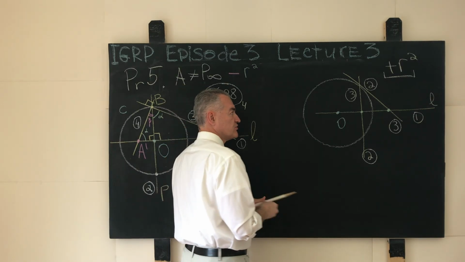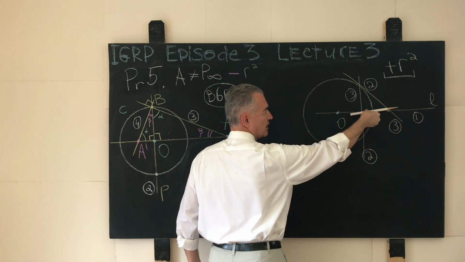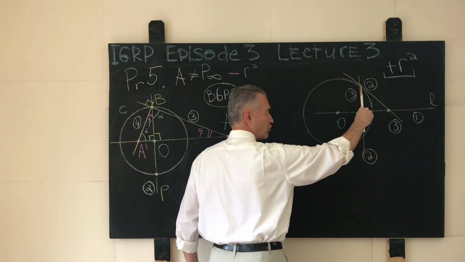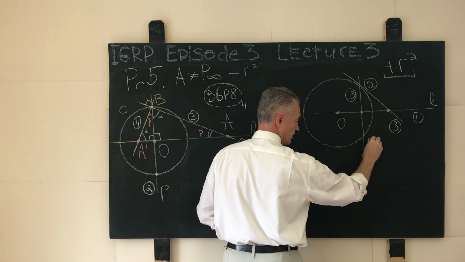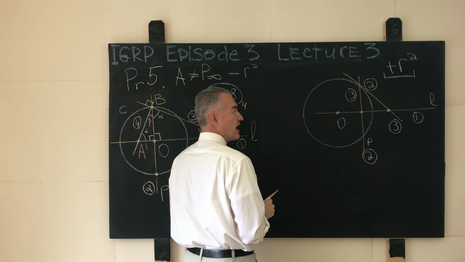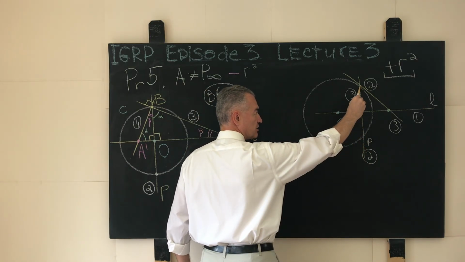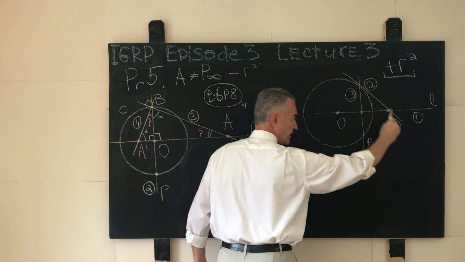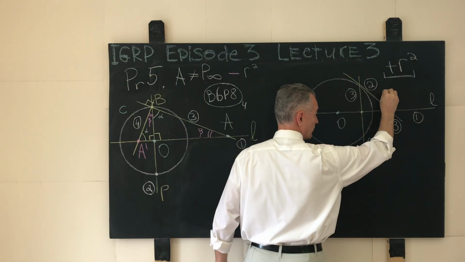After the straight line L is constructed, we first construct the perpendicular P, step number 2, and then, after that perpendicular to L is constructed, we construct the tangent, step number 3, the tangent tau.